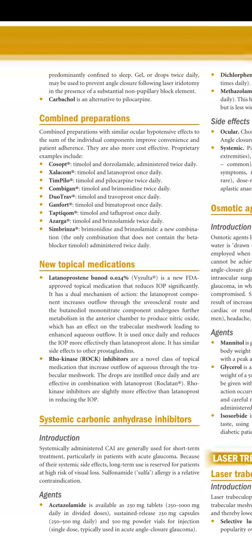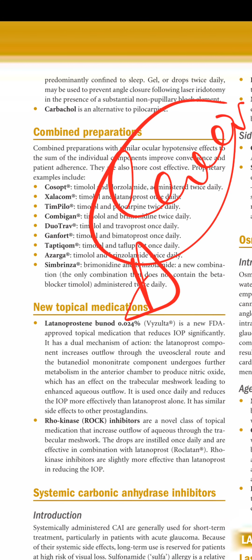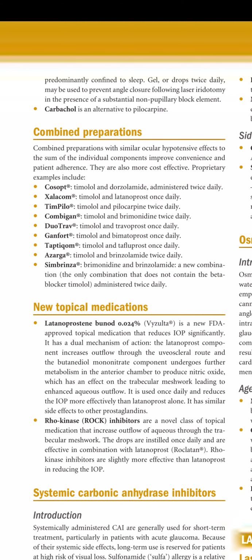Gel or drops twice daily may be used to prevent angle closure following laser iridotomy in the presence of a substantial non-pupillary block element. So these are sometimes used when laser is to be done in a case of angle closure glaucoma. Carbachol is an alternative to pilocarpine.